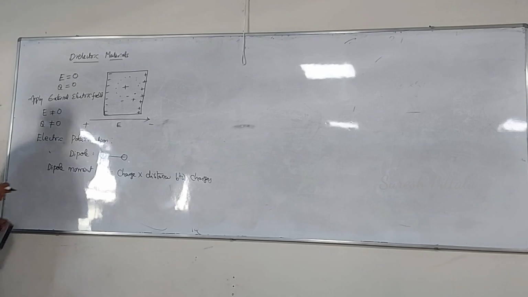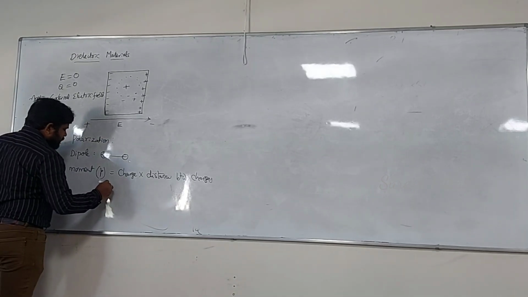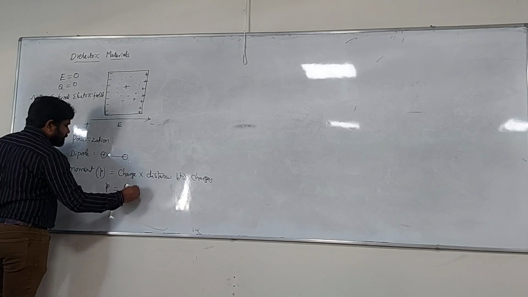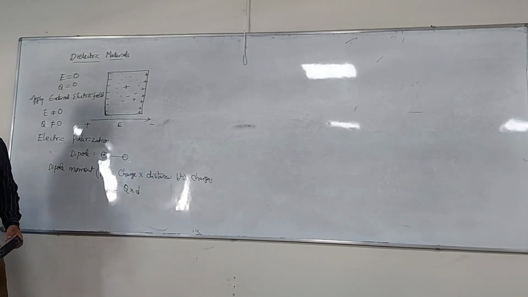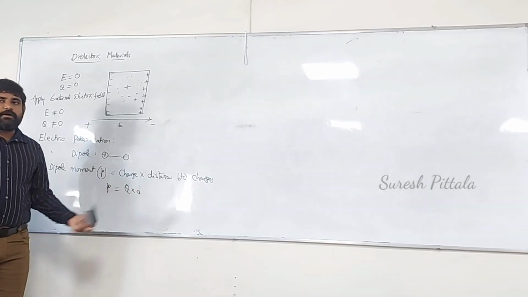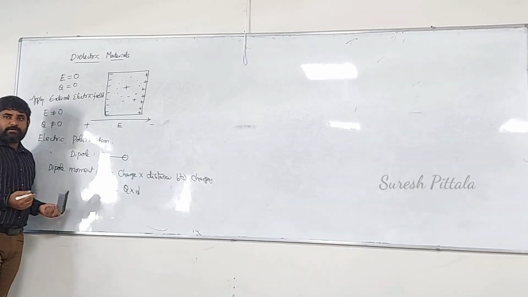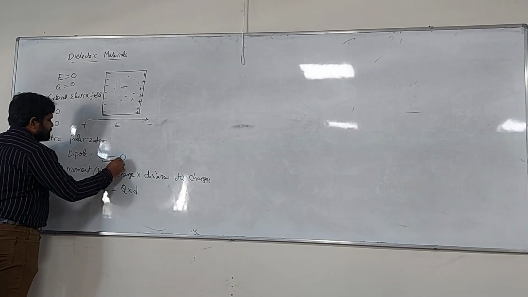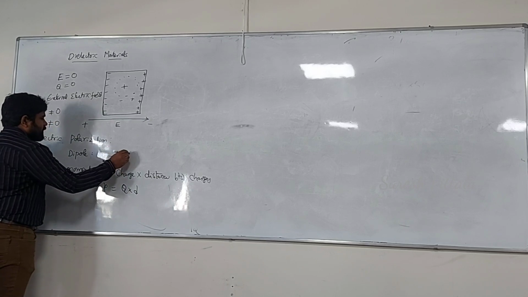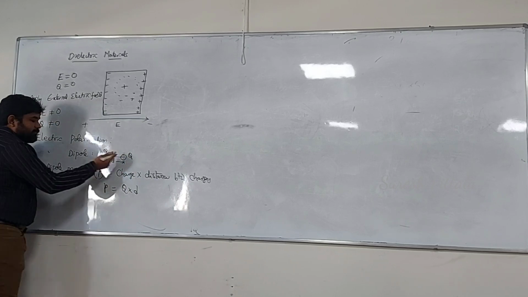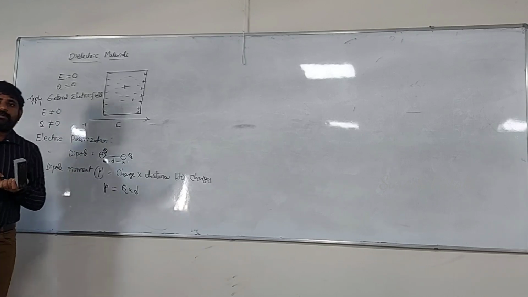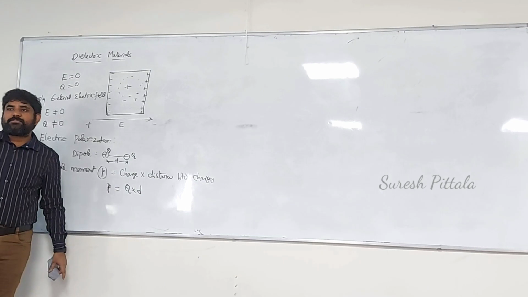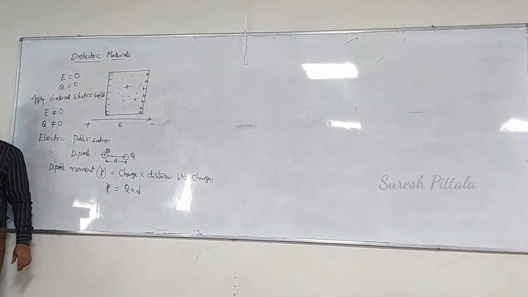So small p can be written as, if my charge is capital Q and the distance between them is d, or 2L in some textbooks, it is Q into d or else Q into 2L, anything is fine. So d is the separation between these two charges, and it is minus Q and this is plus Q. So two equal and opposite charges separated by a distance is called electric dipole. Such an electric dipole has something called electric dipole moment, which is defined as the charge into distance between them.